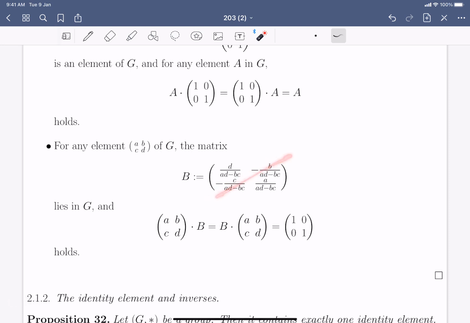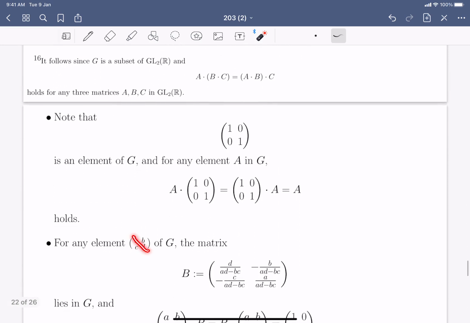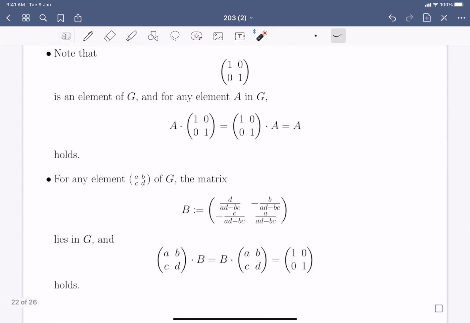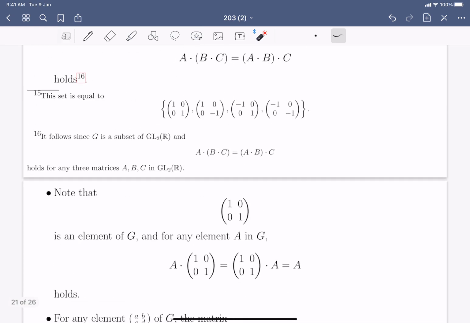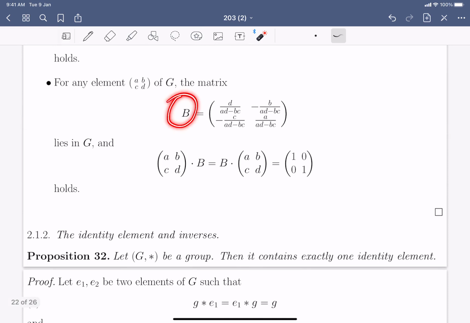So these 2 entries are also equal to 0, and now these two entries are just equal to a and d, up to a sign of plus or minus 1. Since a and d lie along the diagonal, they are either 1 or minus 1. Each of them is an element of plus minus 1. So if you change their signs, they also remain 1 or minus 1, right? So B has to be an element of G.